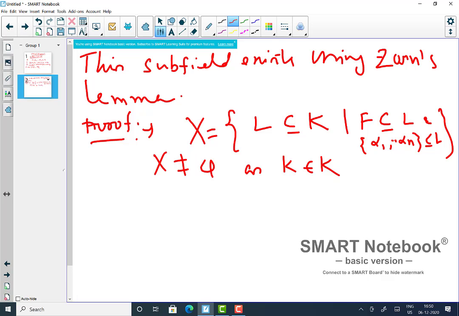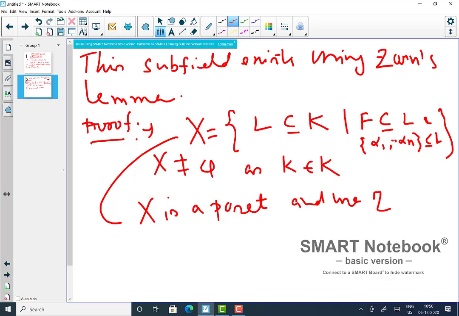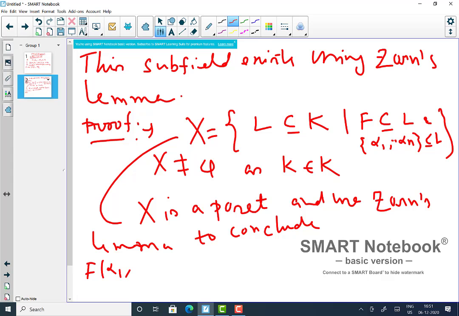Using that you find that X is a poset, and use Zorn's lemma to conclude that F of alpha 1, alpha 2, alpha n exists. So it is the smallest subfield of K containing F and alpha 1, alpha 2, alpha n.